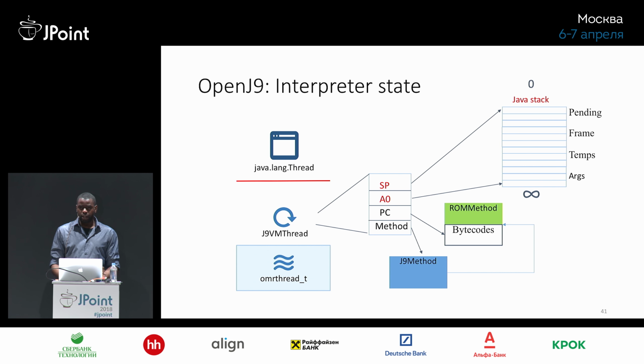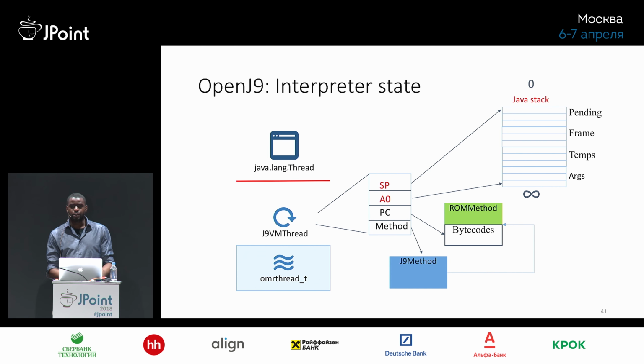Most of the time, these interpreter variables are actually in registers, so we're not constantly writing them back to the thread structure. We keep them in registers until we might lose VM access, so until there's a possibility that we might halt execution. When that happens, we write them back to the thread. And when the thread resumes, we restore the state back.